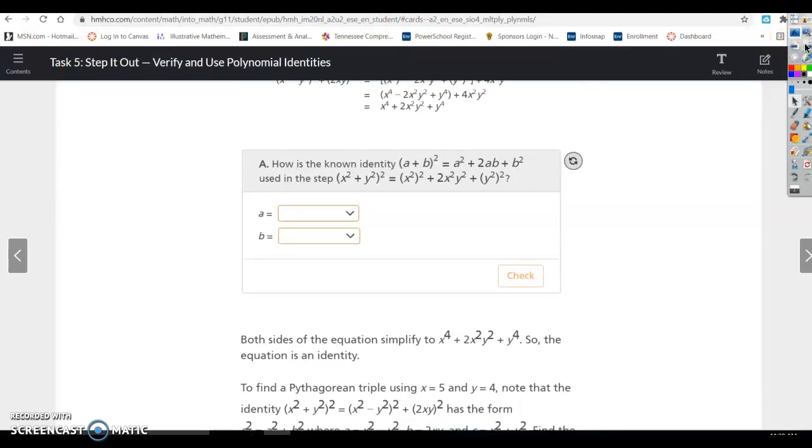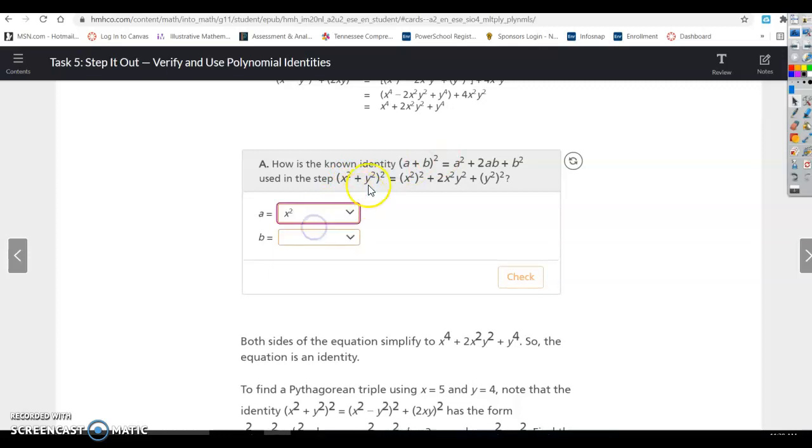It says, how is the known identity used in the steps here? That's exactly what we were looking at above. So if a plus b quantity squared, now we're looking at this example, we've got a plus b quantity squared. A in this case is x squared and b is y squared.